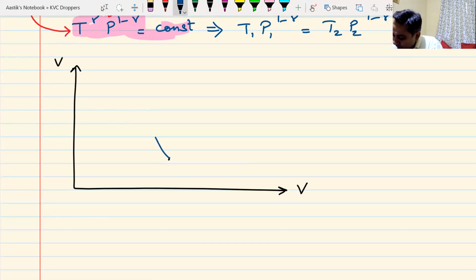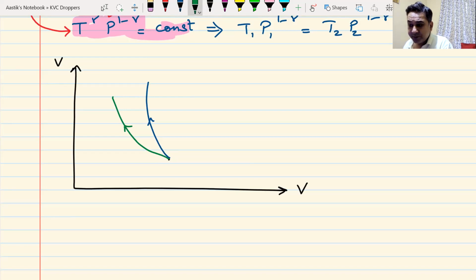This is the blue graph. One is the green graph. All these are compressions because volume is decreasing. And the third one is whatever color this is. So I've drawn three graphs. These are the graphs for adiabatic compression.